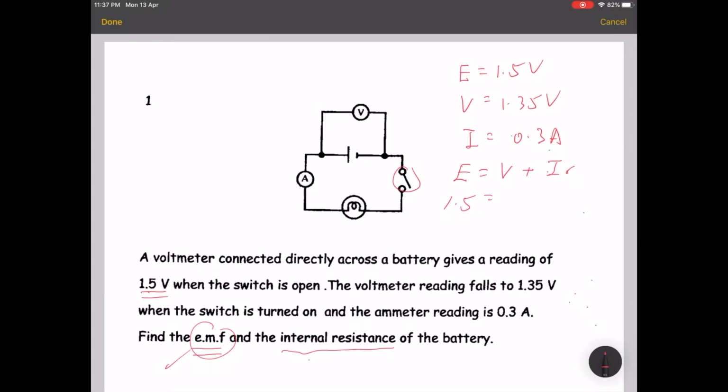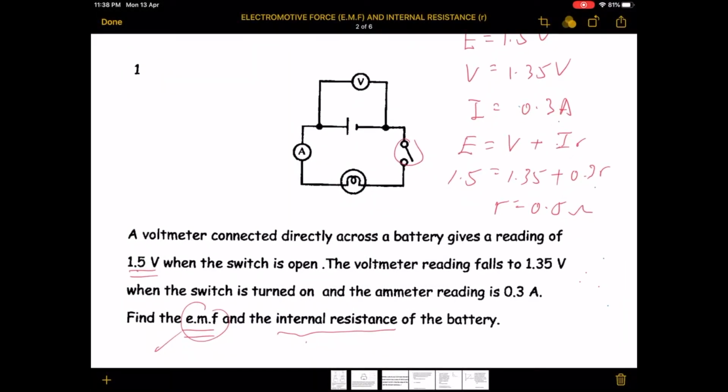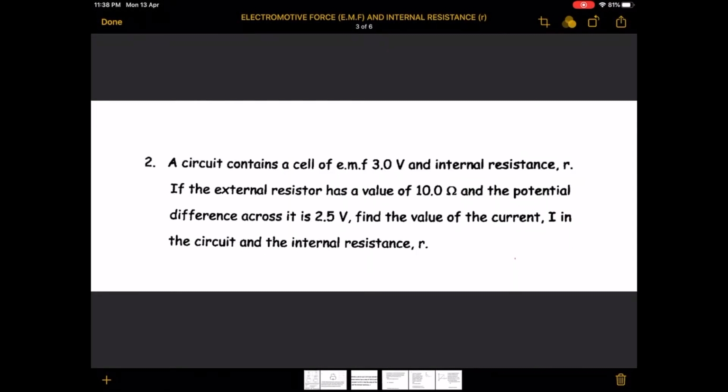The voltage to the external circuit when the battery delivers current is 1.35. And current is given as 0.3. So simple mathematical manipulation will bring you to this answer, 0.5. So this is the first example. Now you look at another example, number 2. A circuit contains a cell of EMF 3 volt.